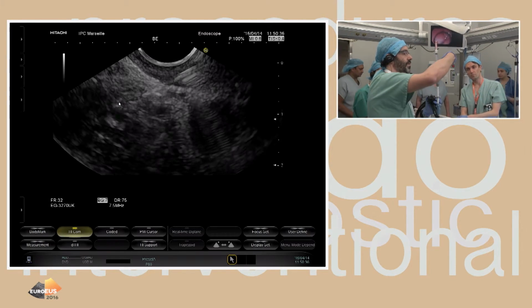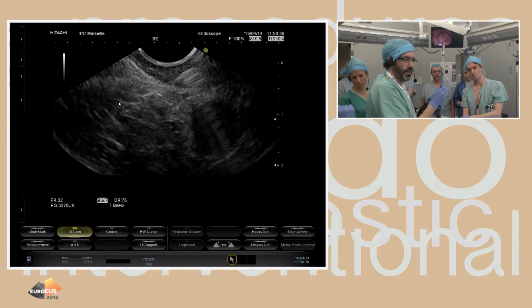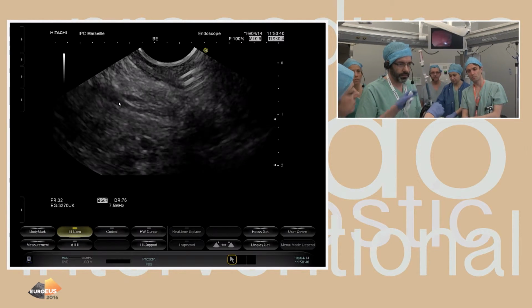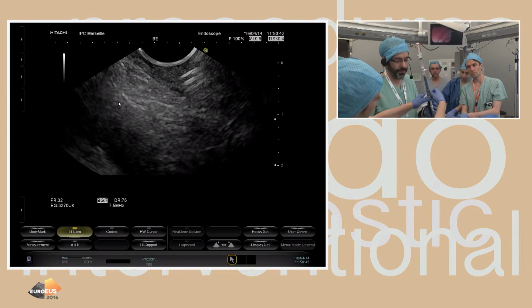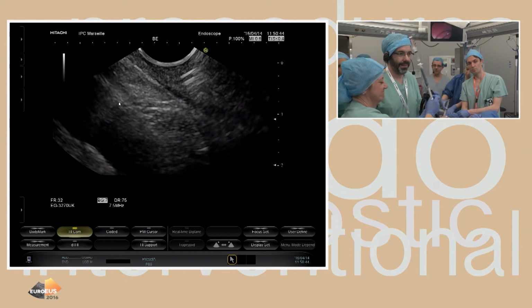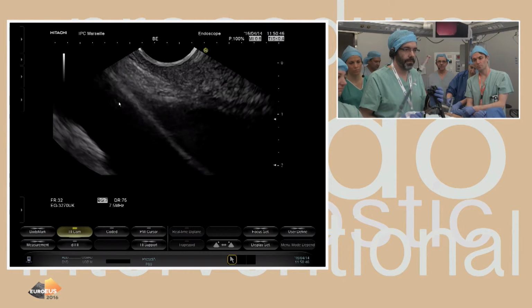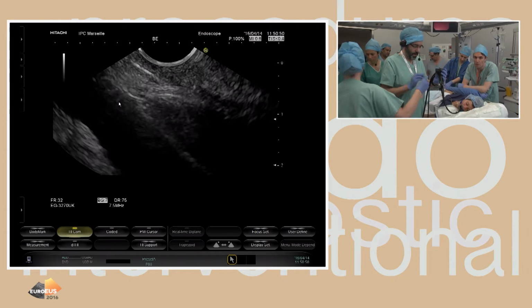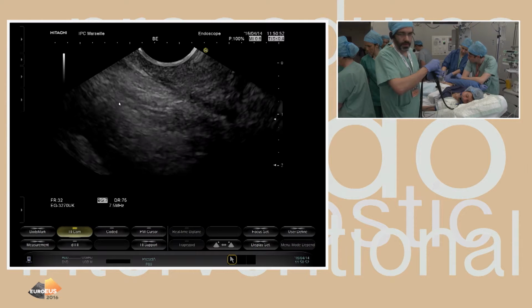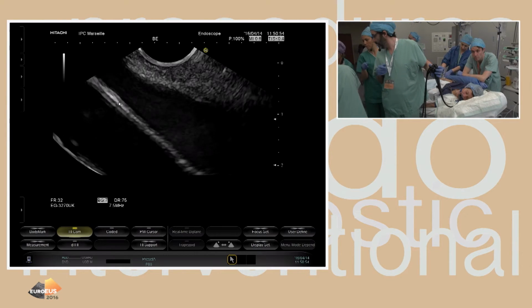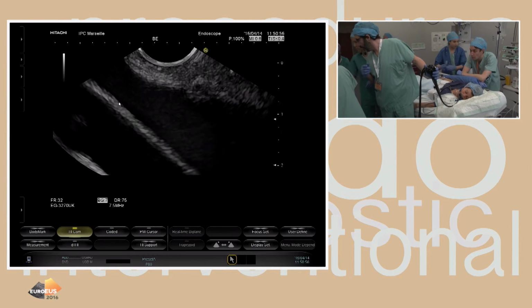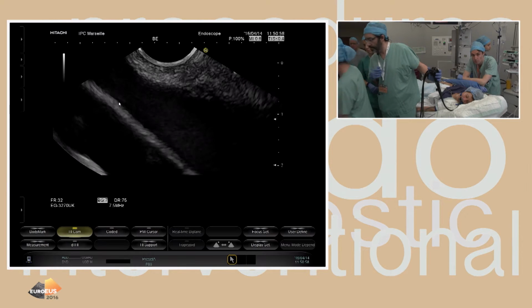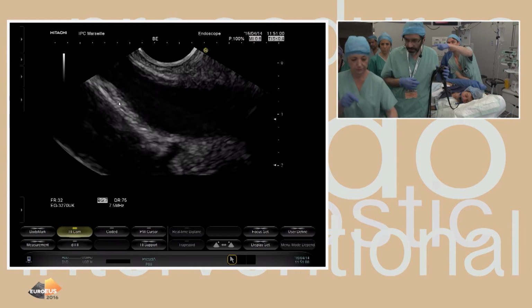Okay. I think it's interesting to see if you have some mucin in the specimen. And after we will move for the next case. Can you focus the camera on the sample?